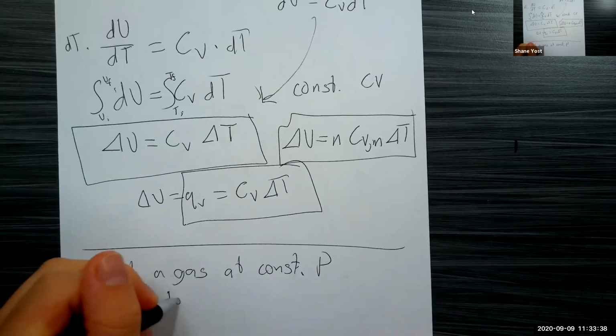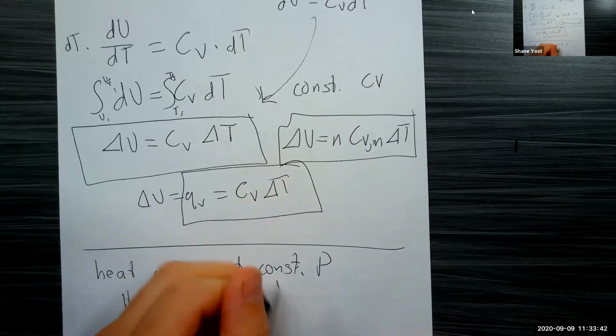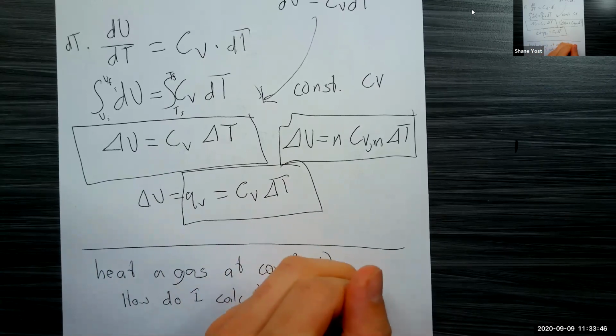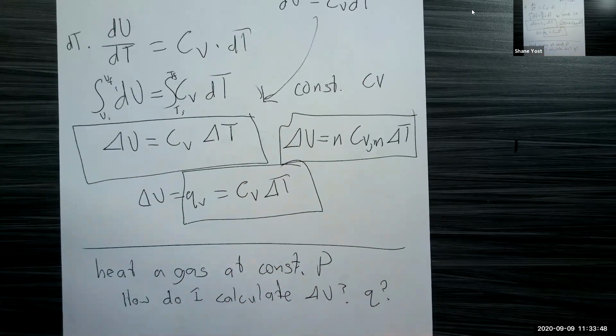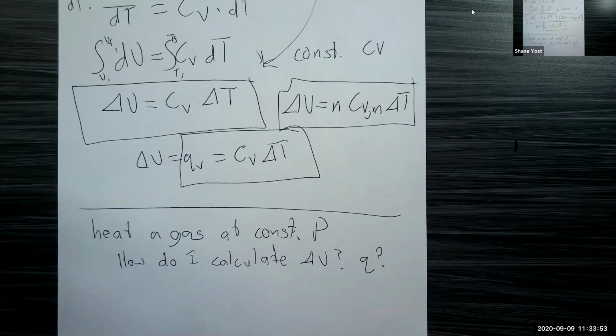How do I calculate delta U? What about q? What equation do I use to get those things?